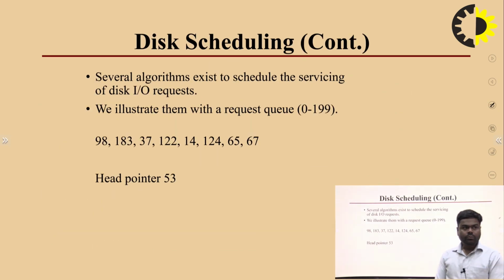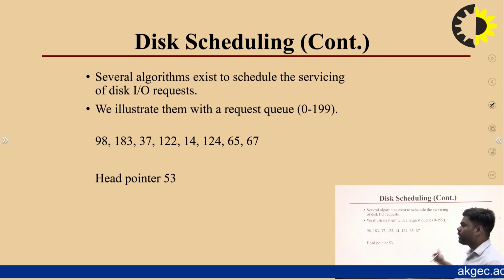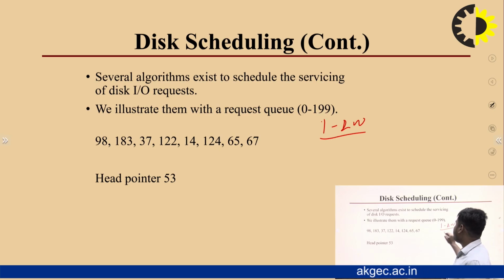Now, several algorithms exist to schedule the servicing of disk I/O requests. There are so many algorithms where we get the disk services. We illustrate them with a request queue. For the disk scheduling algorithms, we take a request queue of 0 to 199, though the data given is 1 to 200, but we always start from 0.